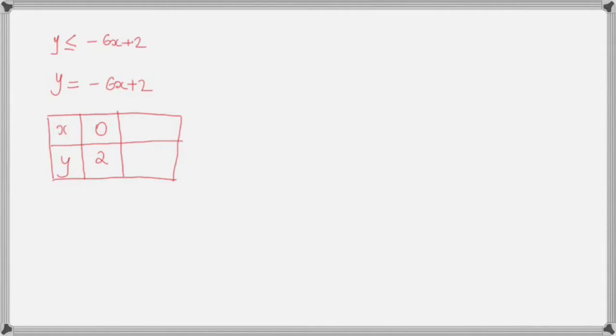So I wrote down the first inequality here. For this equation, I'm going to find the corresponding y values for each value of x. So when x equals 0, y equals 2.